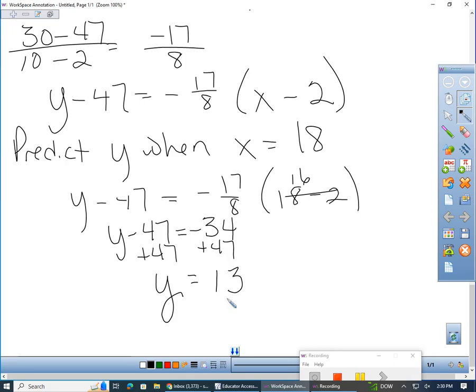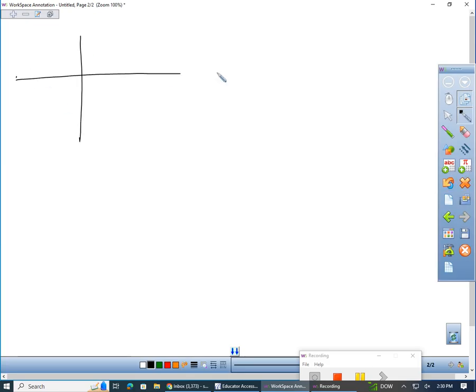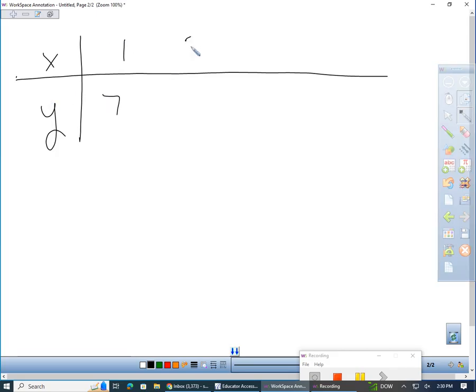So here we go. I'm going to give you a table to work from first. We're just going to say this is my x and my y. And let's say x is 1 when y is 7, x is 3, y is 11, x is 5, when y is 12, x is 7, when y is 18, and let's say x is 10 when y is 20.